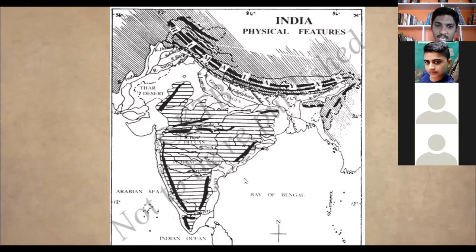For example, you see this part of the area, why have they marked it like this? That means it's all agricultural land. This land is fertile land. That's why they marked it. There is good production of wheat or rice. These are all agricultural areas.